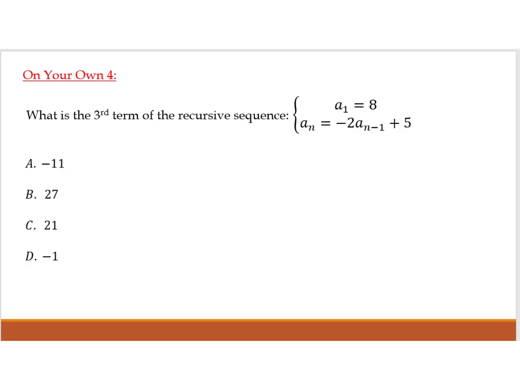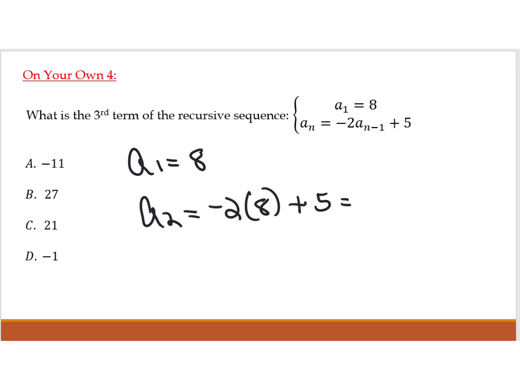All right, we are told in this problem that a sub 1 is 8, and we want to find the third term. To find the third term of a recursive sequence, we have to know what a sub 2 is. And to find a sub 2, I'm going to replace into my recursive formula negative 2 times the previous number plus 5.